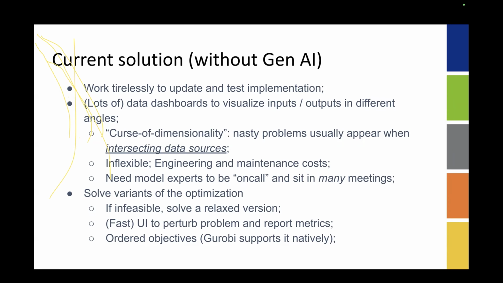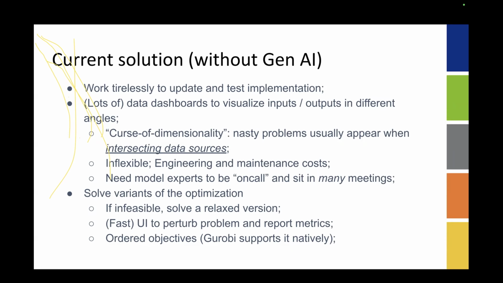And in some other projects, we built very fast UIs to perturb the problem and try to figure out why my solution is like this, right? For example, if we have a scheduling problem and the solver does something that looks very weird, then on that UI we could manually drag this allocation, this schedule, from the solver-provided solution to a solution that we think will be better.